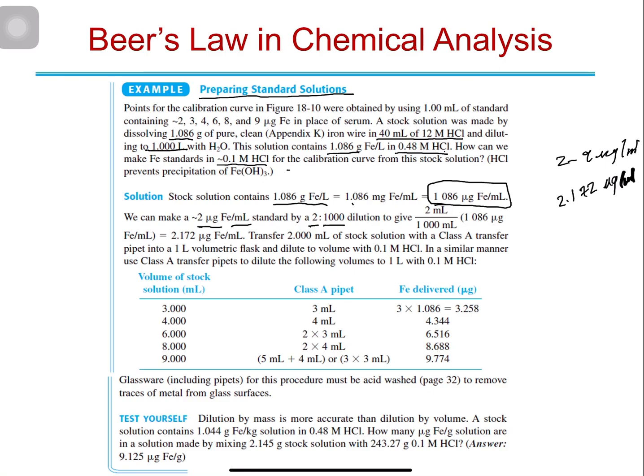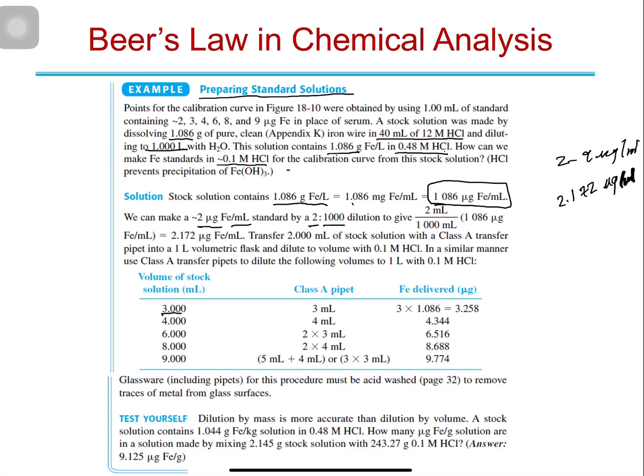So to prepare the serial dilution, or the different concentration of the standard that will be used to create the calibration curve, we need to take certain volumes from the stock solution now.